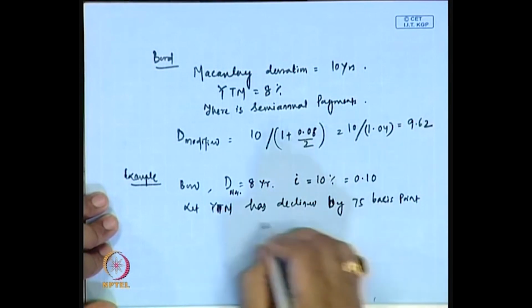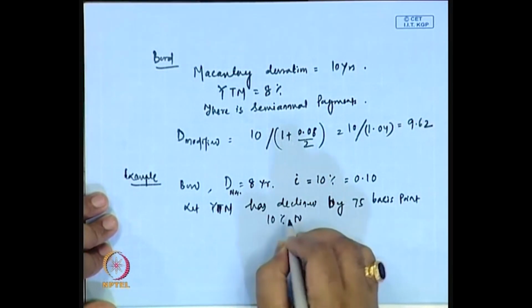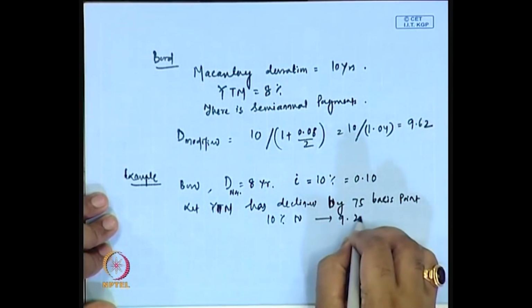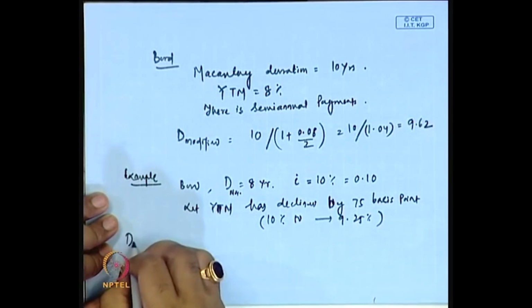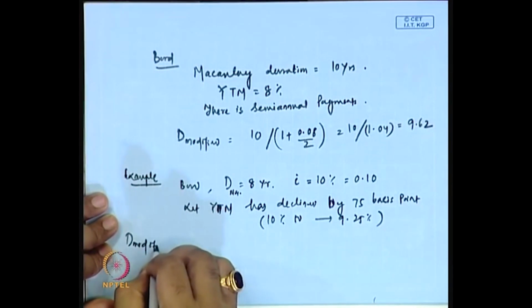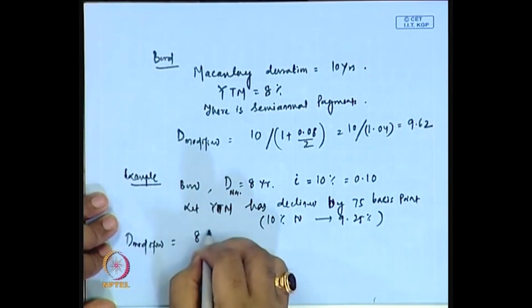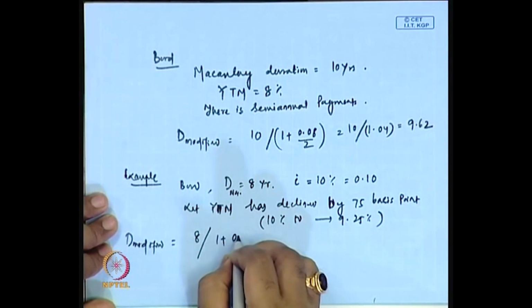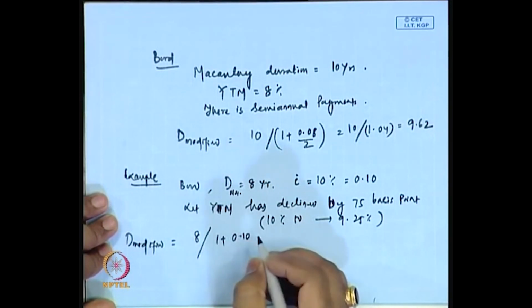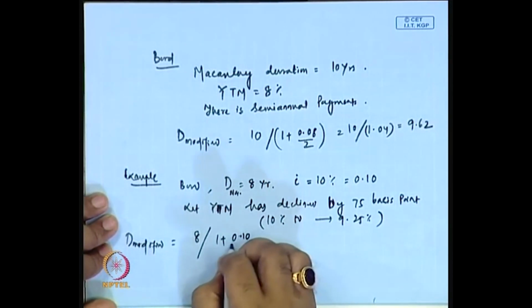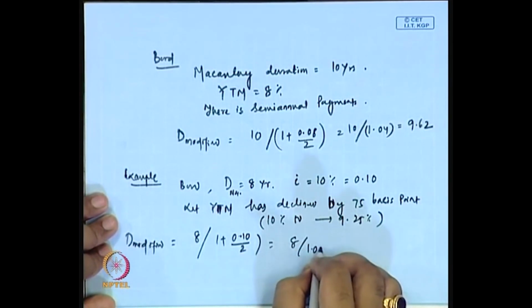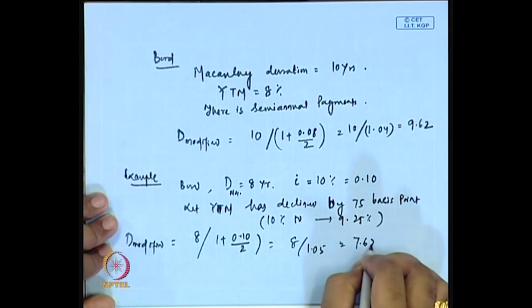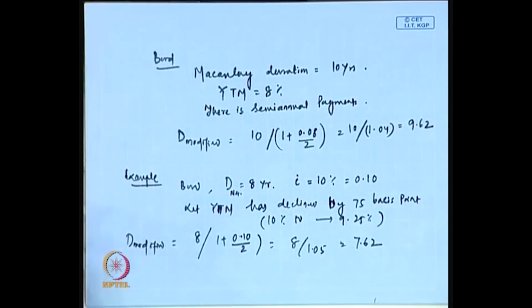That means it has declined from 10% to 9.25%. Then how can you calculate the modified duration? The D modified is 8 divided by 1 plus 0.10 by 2, that is 8 by 1.05, which is 7.62. So the modified duration of the particular bond is 7.62.